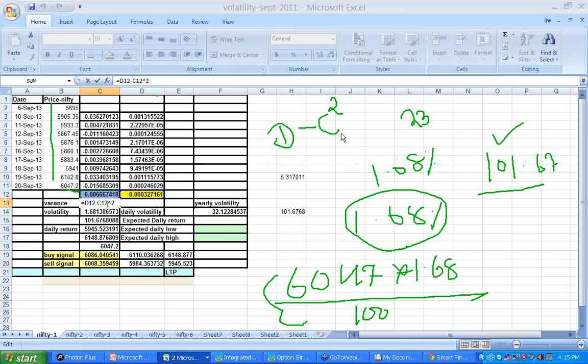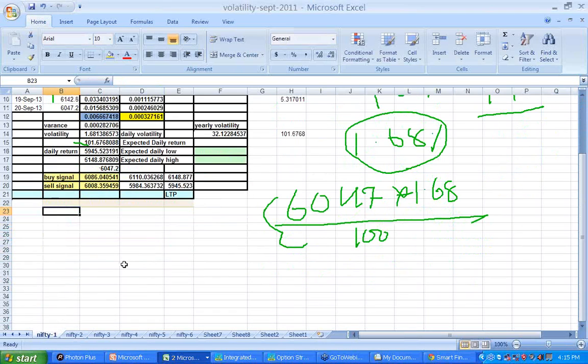Once we have found these 101 points, we'll take them together with the last traded price. If we are moving in the lower direction by 101 points, then we can move till 5945.